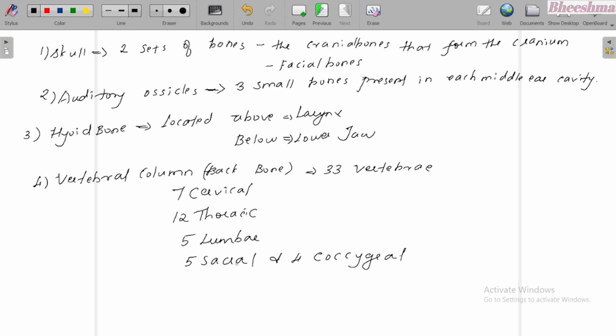However, the sacral vertebrae fuse to form the sacrum and the coccygeal vertebrae fuse to form the coccyx. Thus, the vertebral column consists of 26 individual or movable vertebrae.